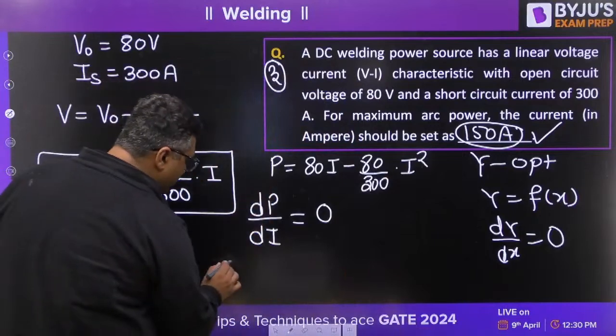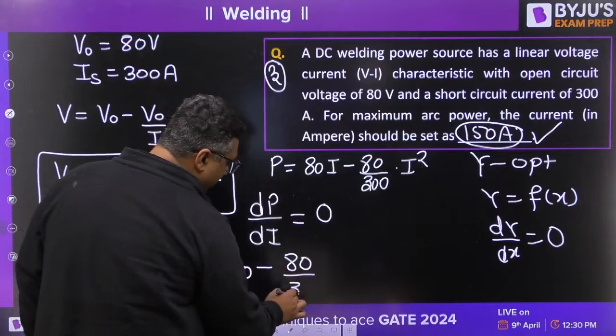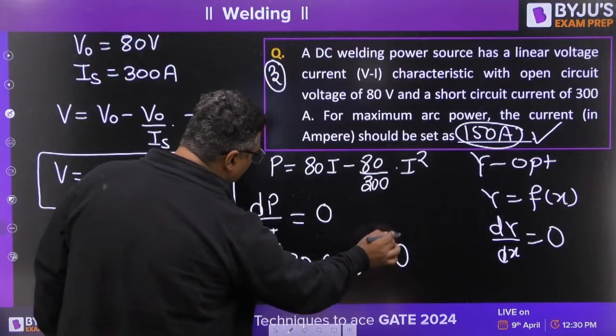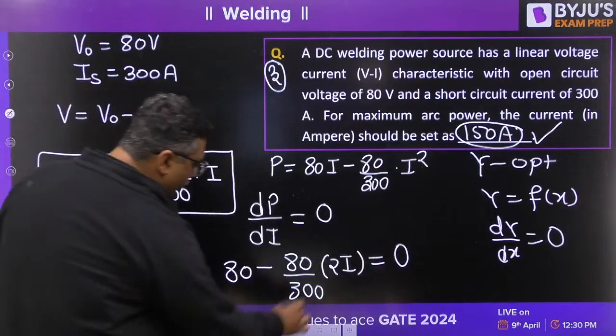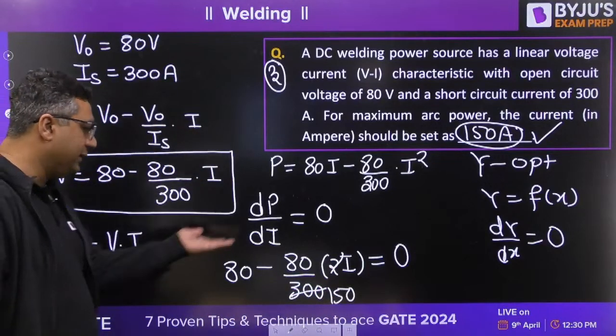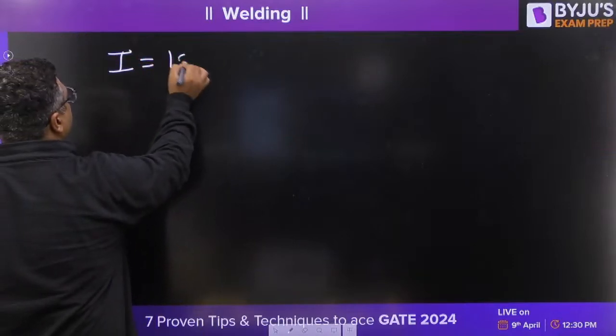When you differentiate it, you will get 80 minus 80 by 300 into 2I equals 0. So this 2 gives us 150 here, and taking this to the right hand side, you get I to be 150 amp.